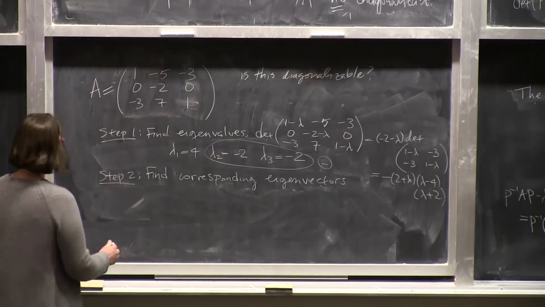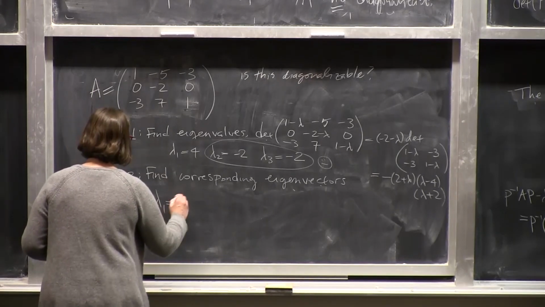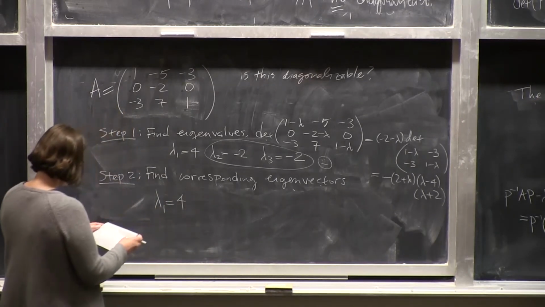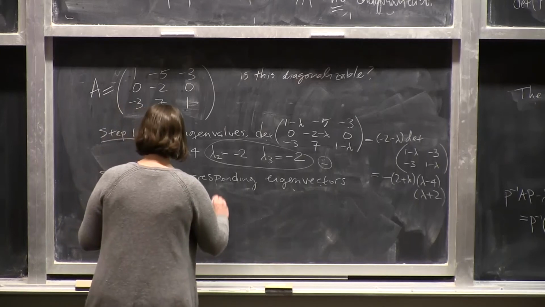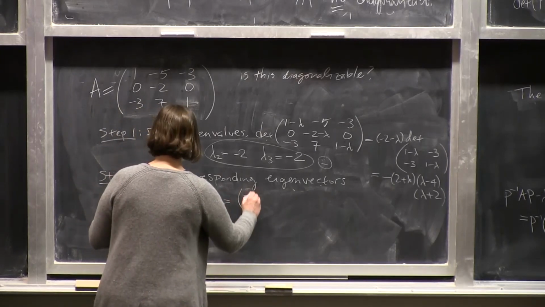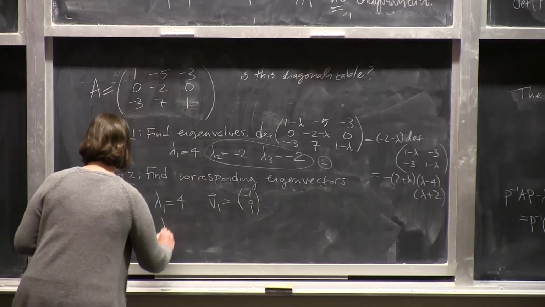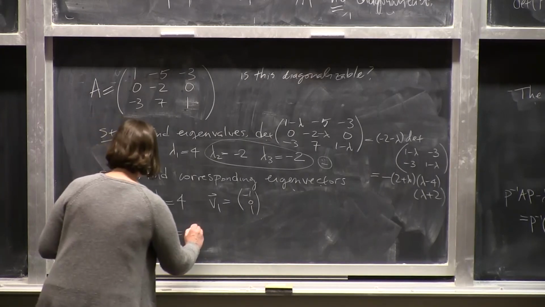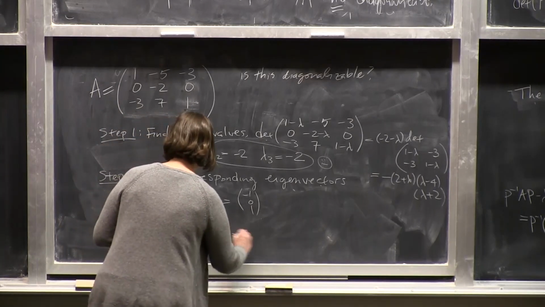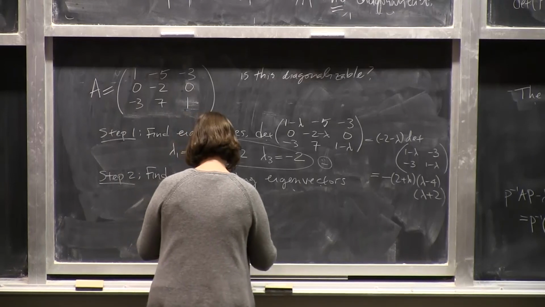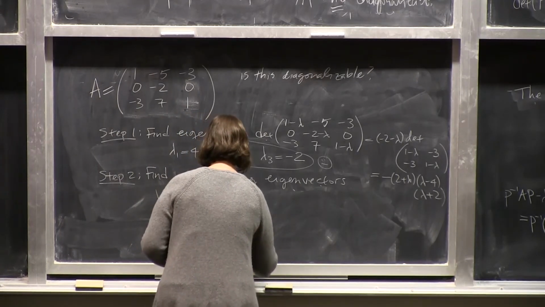What happens is when I look for the eigenvectors for eigenvalue 4, I get v1, which is minus 1, 0, 1. When I look for eigenvalue minus 2, I get v2 is 1, 0, 1.